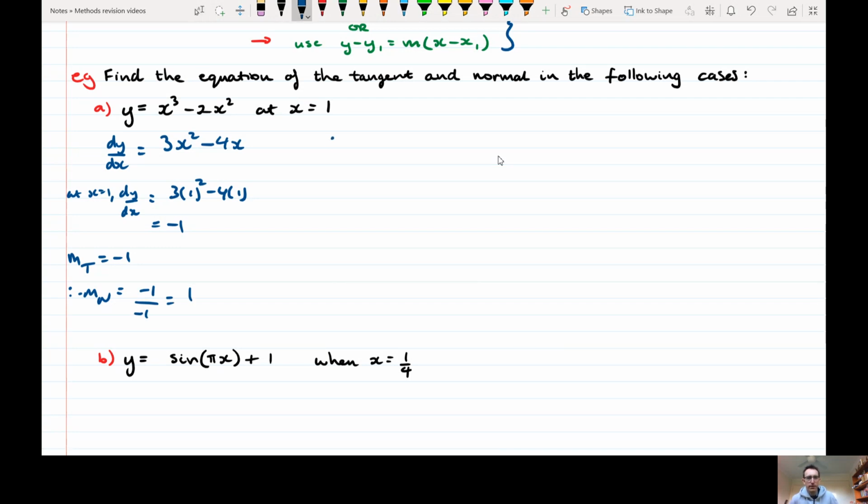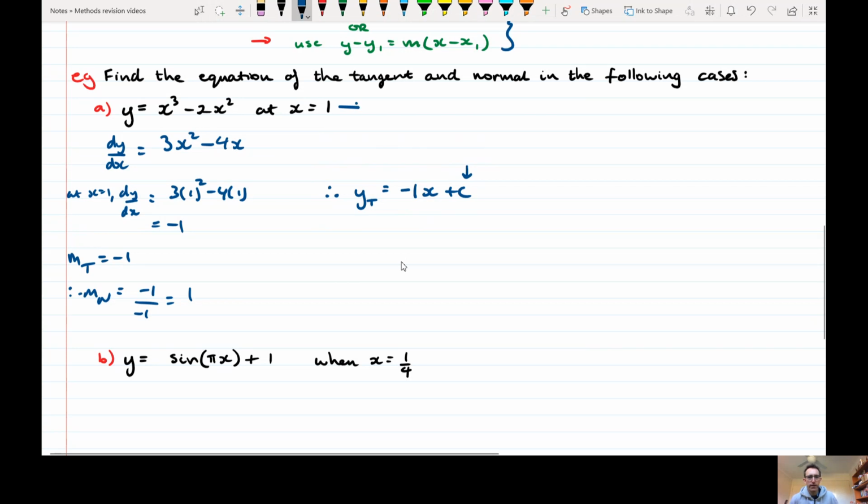So therefore, let's find your tangent. So y of the tangent must equal -1x plus c. Now to find your plus c, you need to have the coordinate where they cross, and that's something I have not found yet. So let's actually find that, because I did say we need to do that.